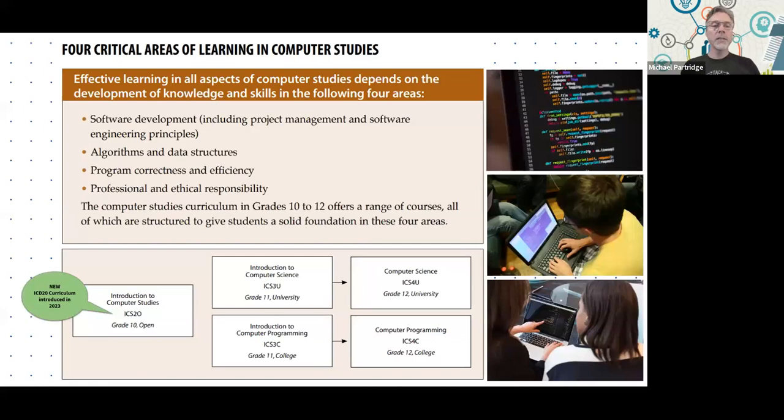In computer sciences, you'll develop software projects, do a lot of coding, troubleshooting, and work in teams to code apps or projects, and learn a little about the security and ethical issues that go around with social media and coding. These courses lead to computer engineering and computer sciences in post-secondary.